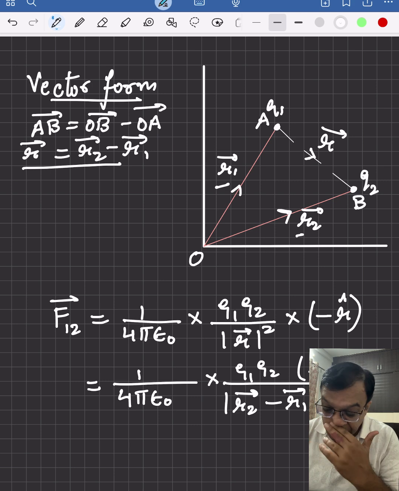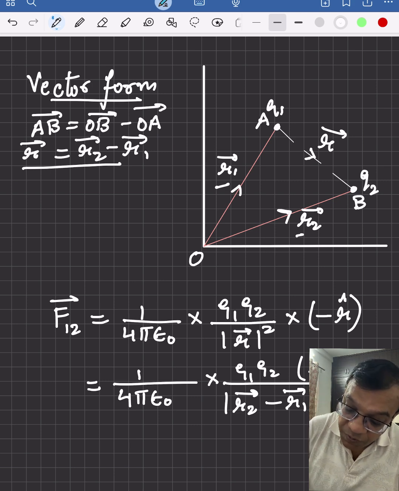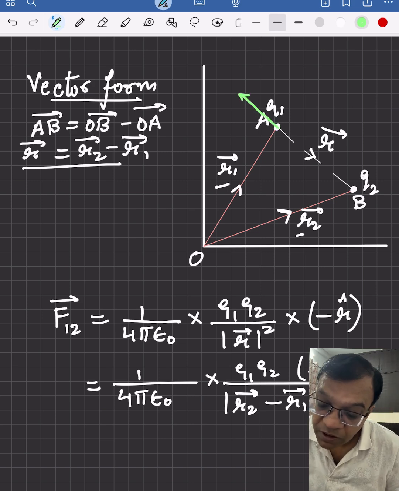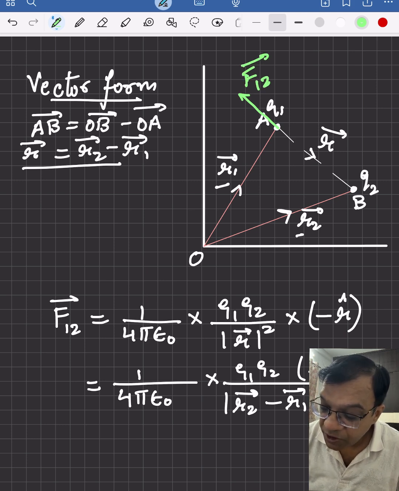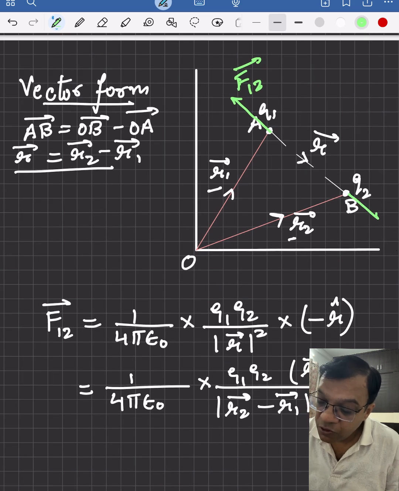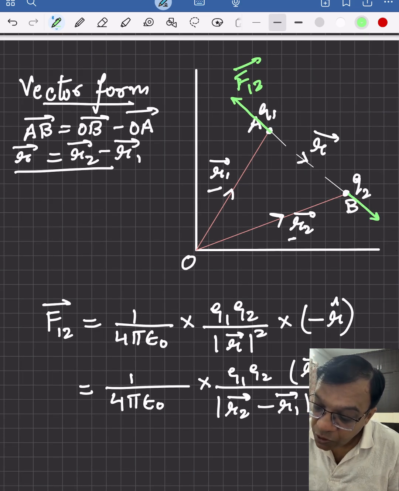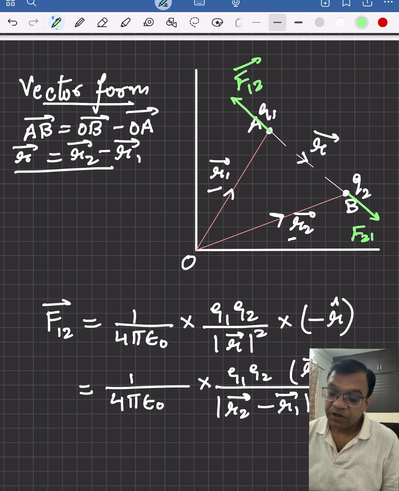Now we are writing the force experienced by Q1 due to Q2, and the force experienced by Q2 due to Q1. They will be equal and opposite.